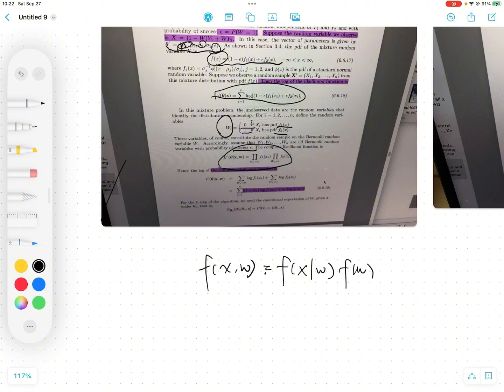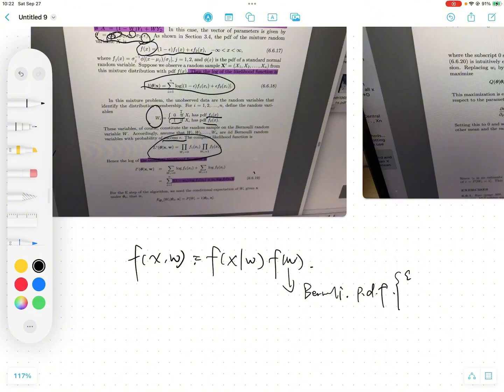We know this is true, right? And this is just the Bernoulli PDF. We know it's either epsilon or 1 minus epsilon if wi equals 0 or wi equals 1.